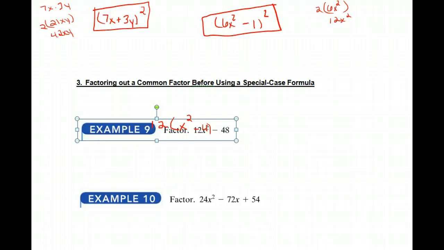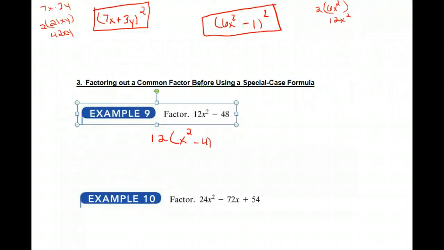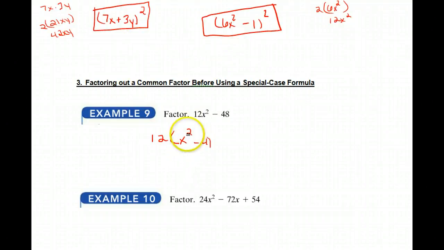When we factored out that GCF, look at the quantity that was created. X squared is a perfect square, 4 is a perfect square, and they're being subtracted.